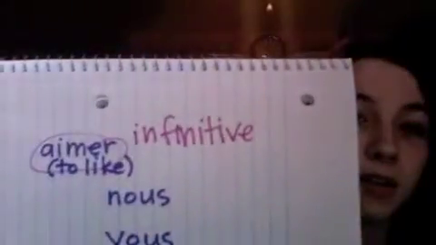Spell it like so. I'm sorry, my handwriting is awful. Infinitive, which is just before it means anything at all. It's just plain to like. No one likes anything. No one's actually doing the action that the verb is implying. So, aimer, it ends with er, as I'm sure you can see.